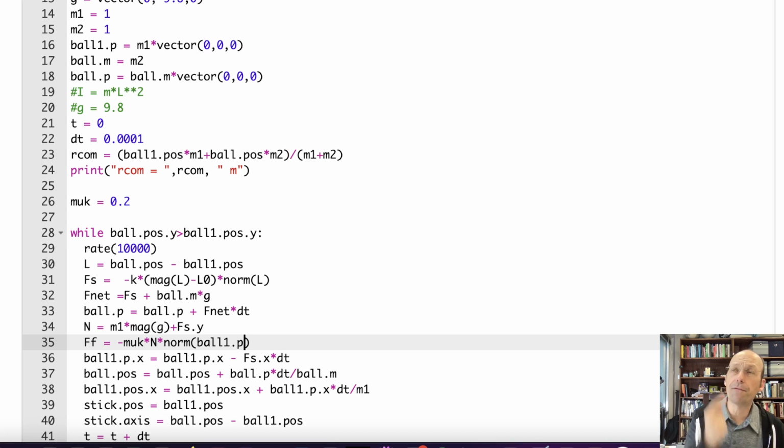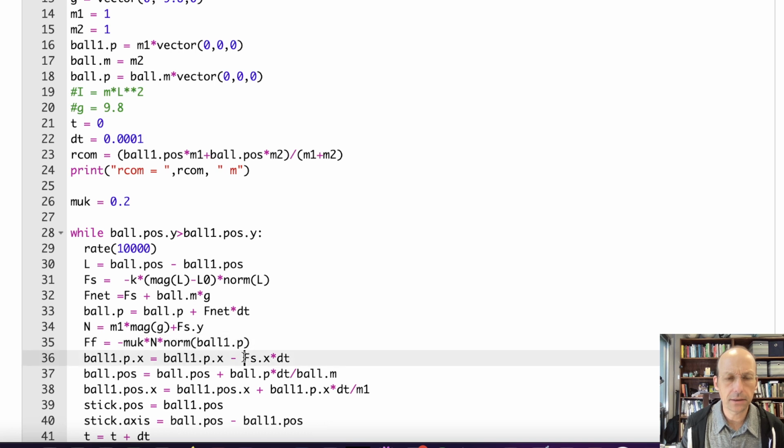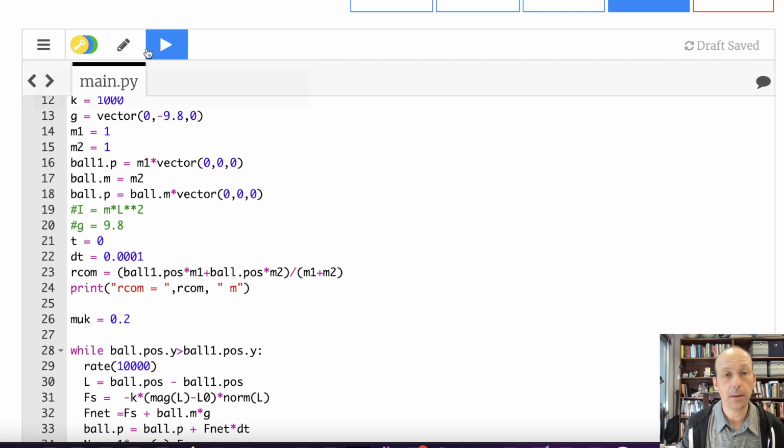Now, the problem is on the first step, the ball's not moving, so there's no friction. Ball1.p is 0, which is fine, so let's run it. Oh, and then I need to go down here and add ff.x. That was all in the x direction. If this works, I'm going to be pretty impressed with myself and pretty happy.